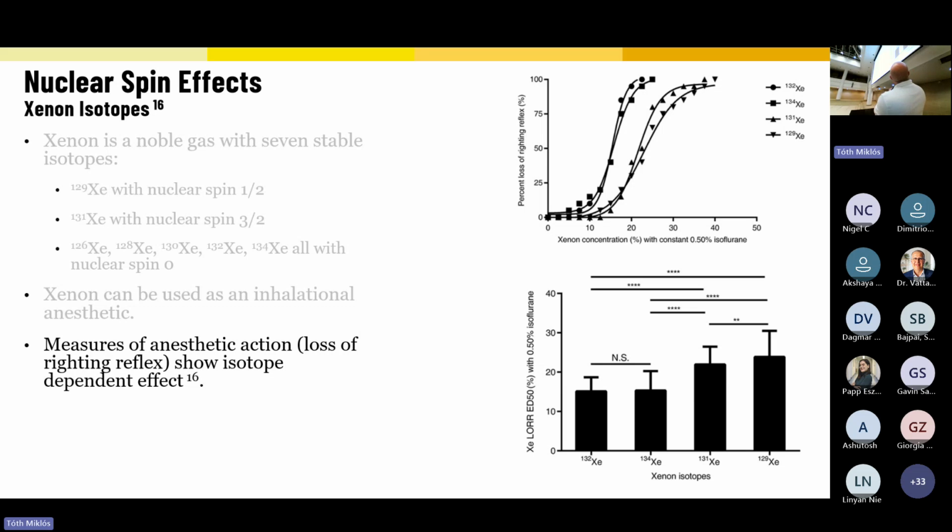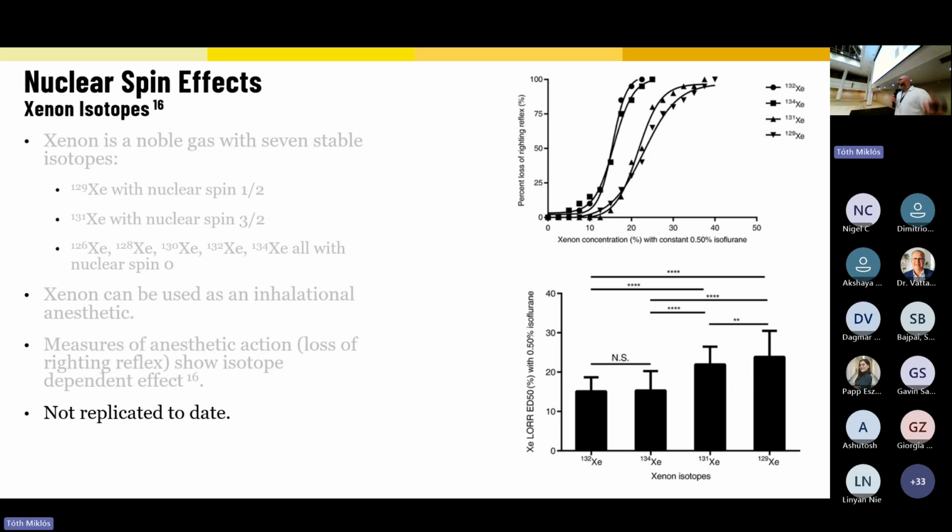You need more anesthesia in order to induce the loss of righting reflex, which is a measure of unconsciousness within the animals. So there seems to be an effect of the nuclear spin on the loss of consciousness in these animal models. However, this has not been replicated to date.